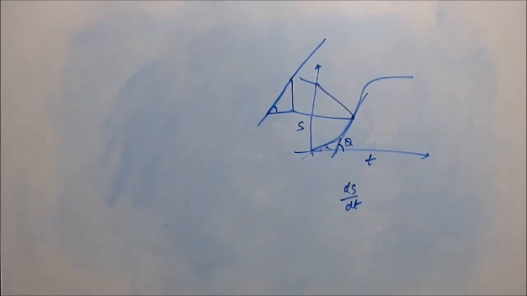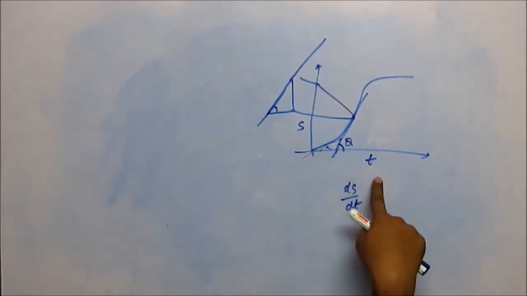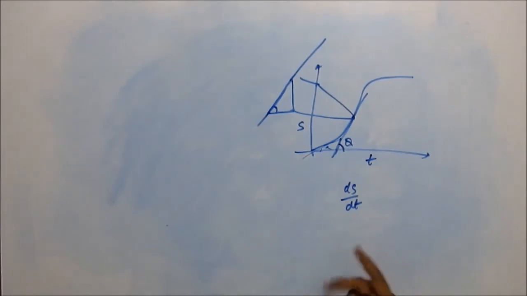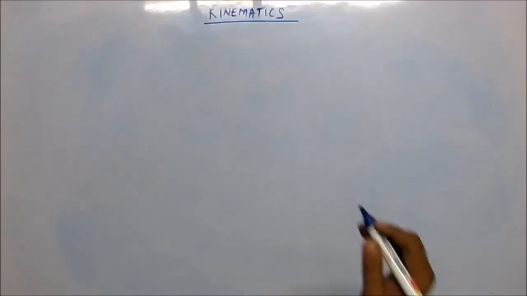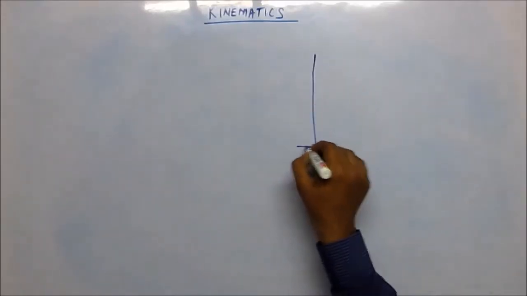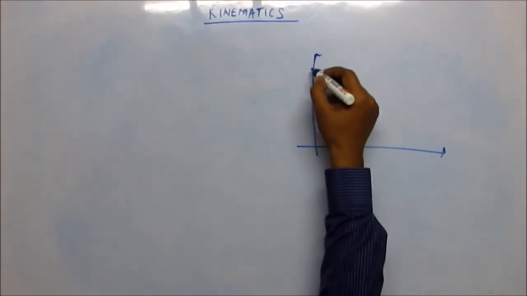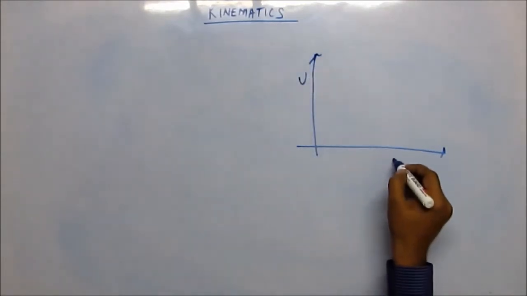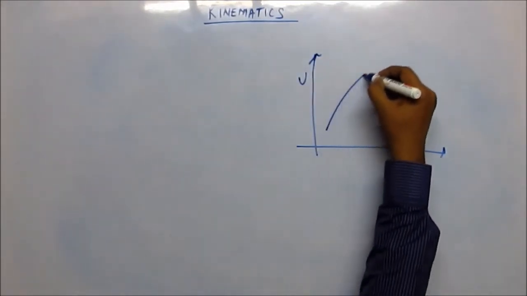That's how you have to understand that this differential in case of s versus t, ds by dt, is the slope of course, and physically this is speed. If you're taking s as distance. If you take s as displacement, ds by dt would be velocity. Similarly, if we have a curve like this, it is a velocity versus time graph.